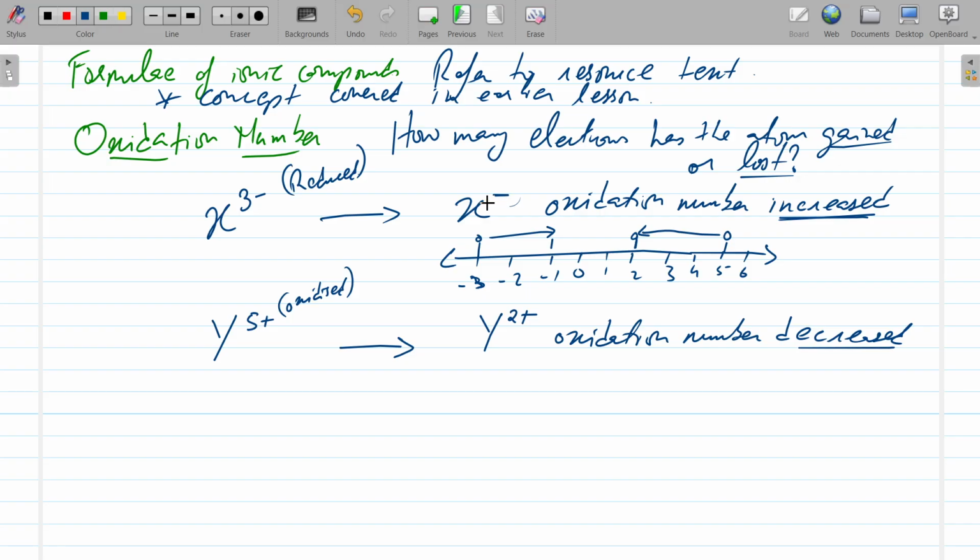If the negative value becomes even bigger, so if -3 goes to -6, that is a decrease. And if Y goes to 6 plus, that is an increase.